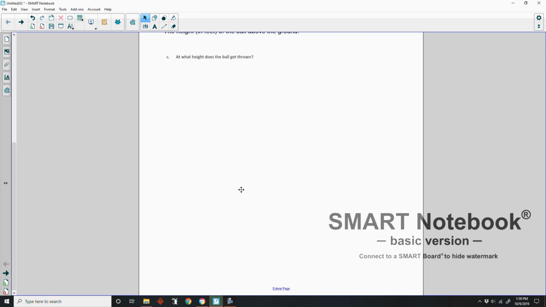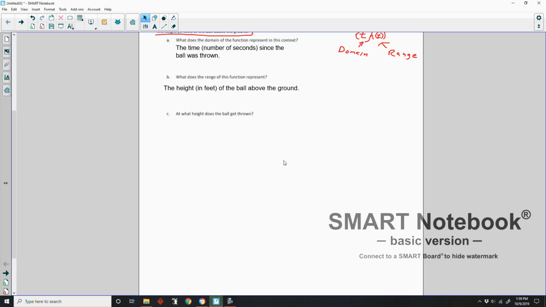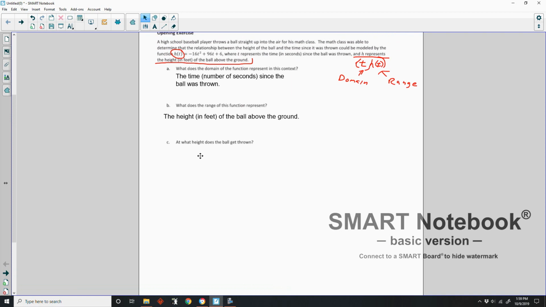All right, part C. At what height does the ball get thrown? So picture a person standing there, getting ready to throw the ball. 0 seconds have gone by because they haven't thrown the ball, but as soon as they throw the ball, the timer starts counting.